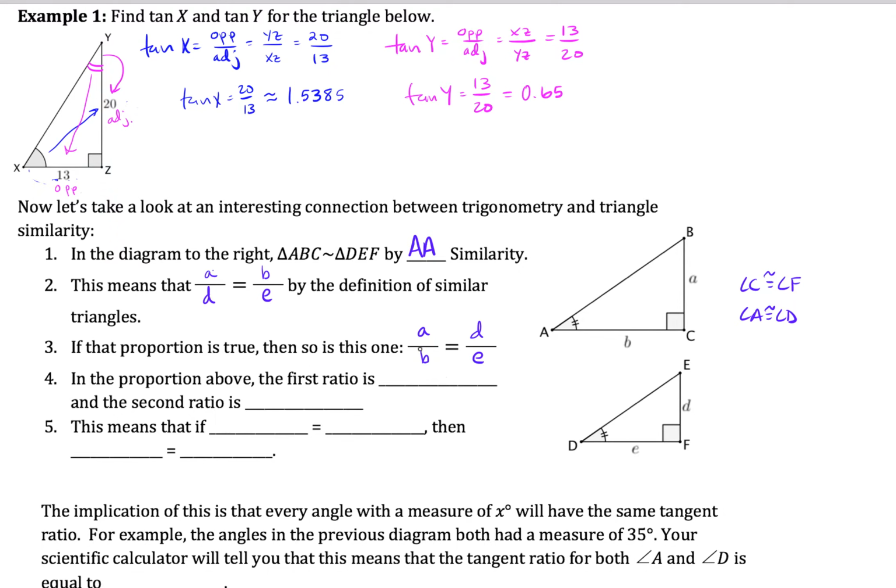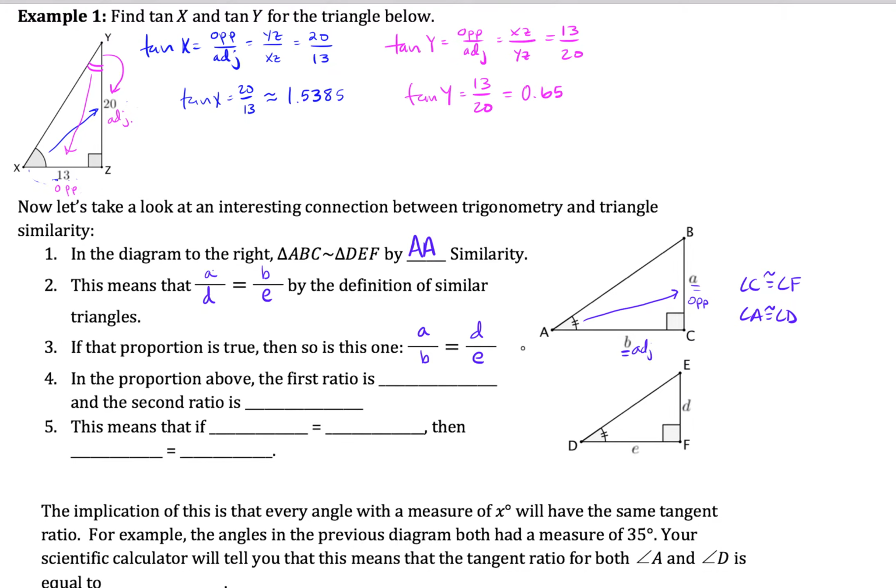Now if I look at the proportion that I have here, this first ratio of A over B should look maybe a little bit familiar because from the perspective of angle A, side length A is opposite and side length B here is adjacent.